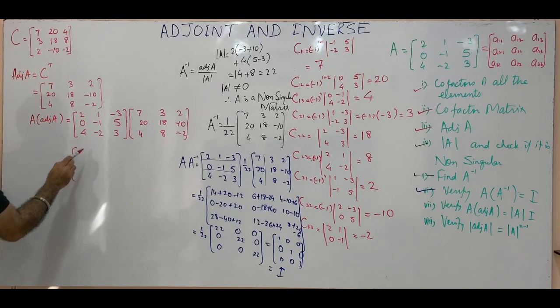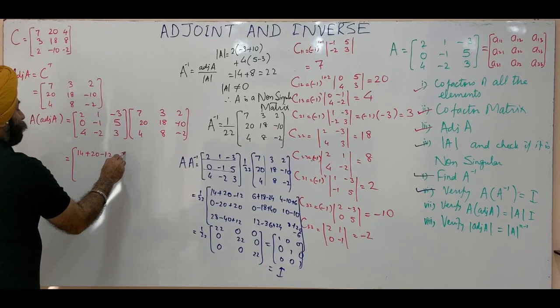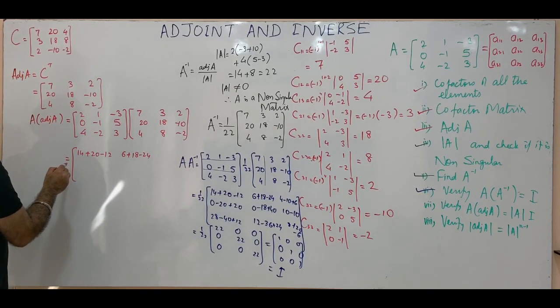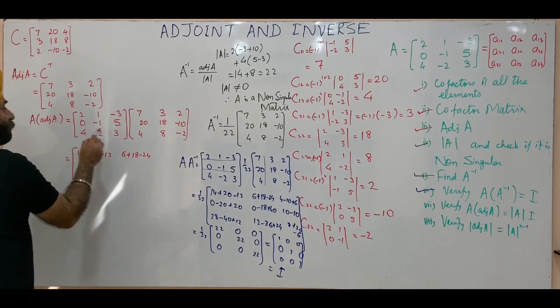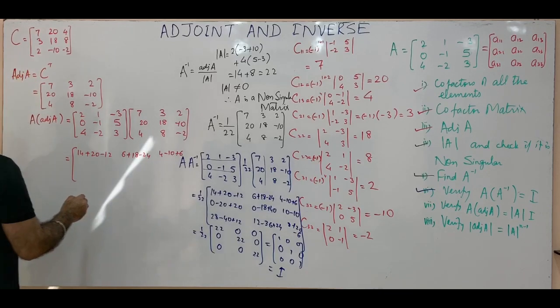Let's multiply. It's 14 plus 20 and this is minus 12. Then 6 plus 18 minus 24. And next, that's 4 minus 10 and plus 6.